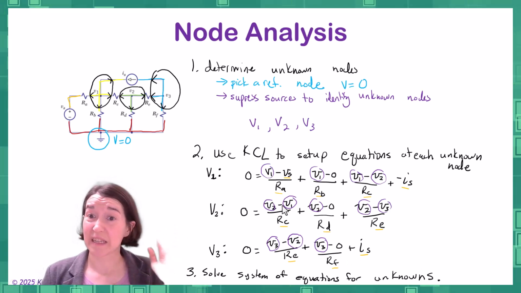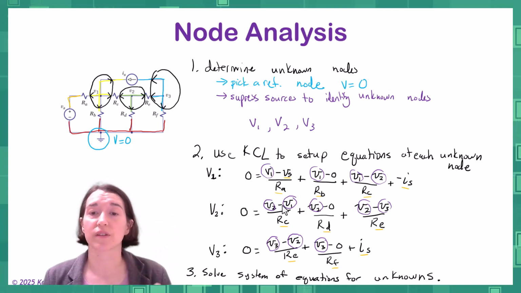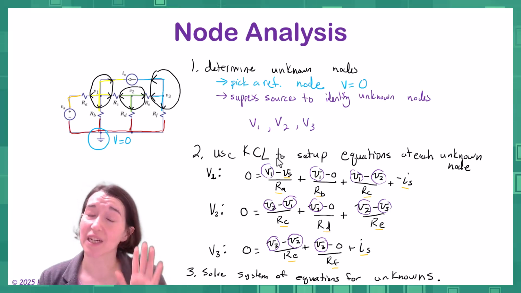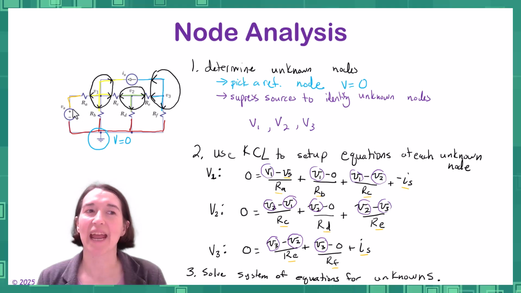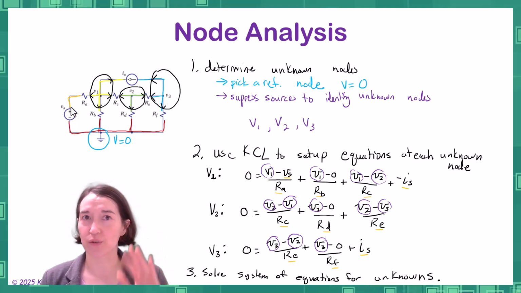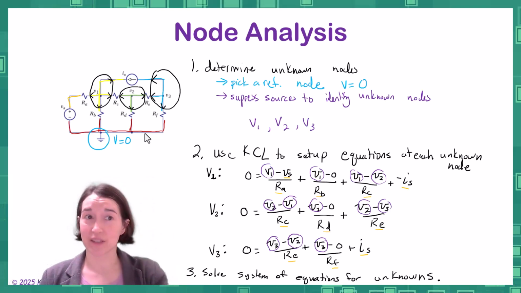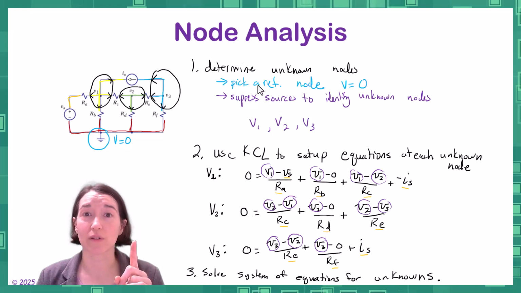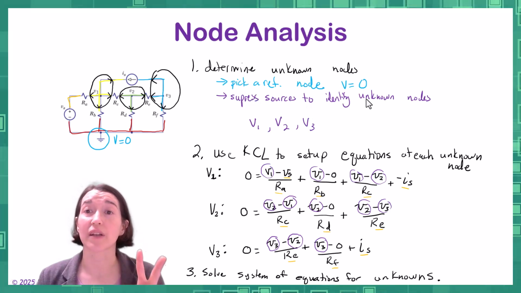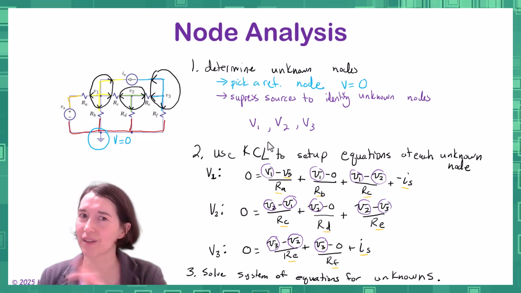So actually these are the basic steps for solving a circuit with just resistors and voltage sources. In this case, the voltage source is connected to your reference node. If you have this setup, you can easily determine your unknowns. First, you have to pick your reference node, suppress any other nodes to identify the unknowns, or you can just use logic, whichever works for you, as long as you get to the answer.